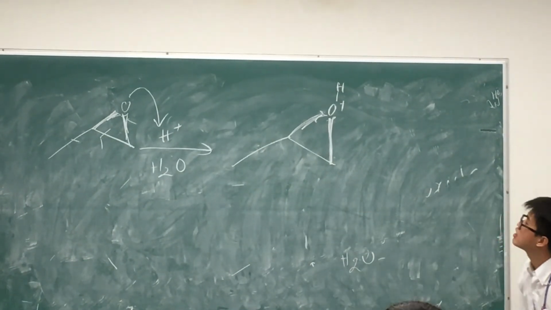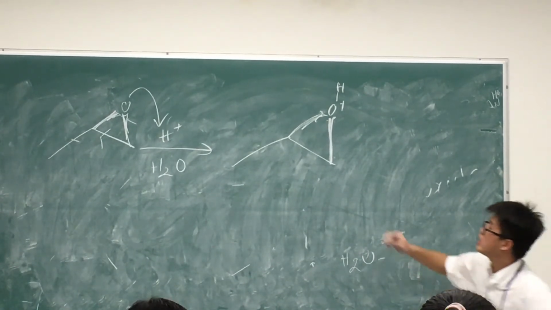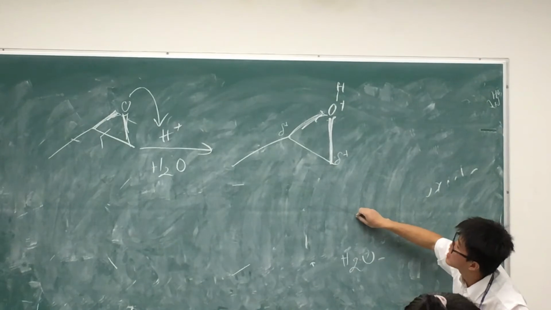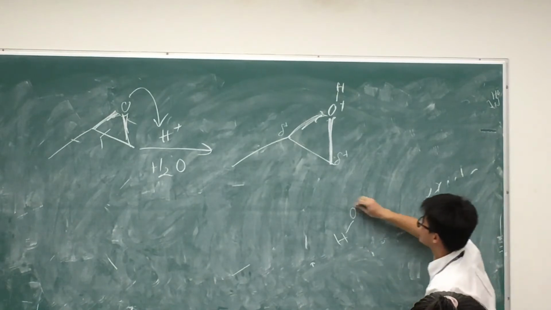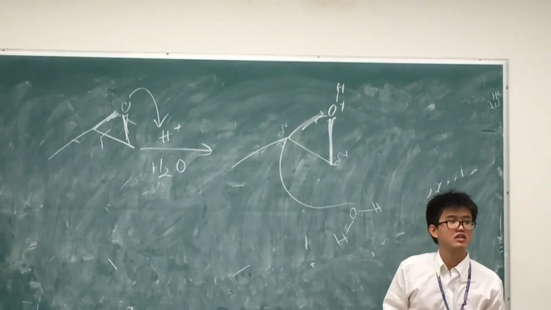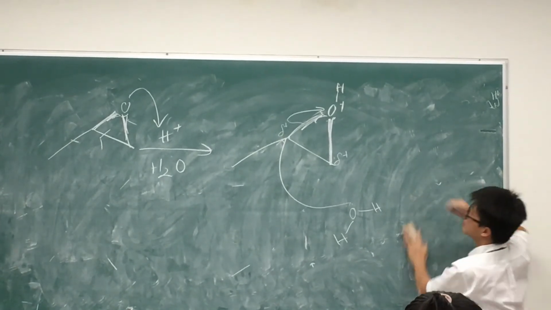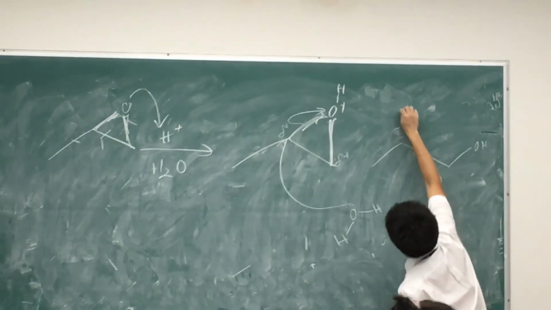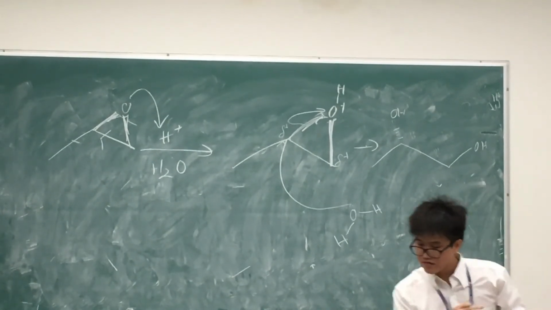And what happens next? Huh? Bond break? But wait a little bit. Why can it break? Which one attacks? It will attack where? Okay, secondary here. Attack from which direction in this case? Bottom one. So you will have this, right? So this is just one example. You will see it again for sure.